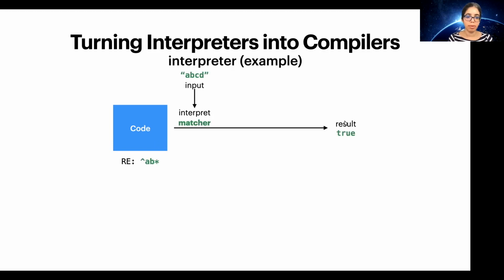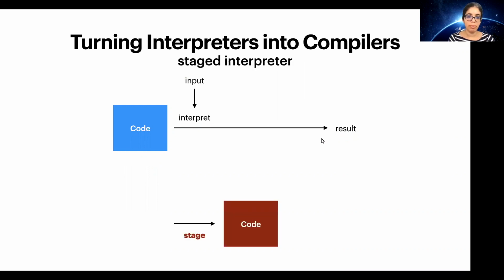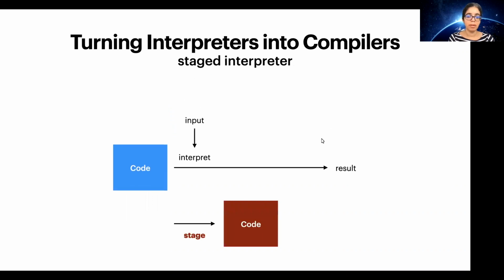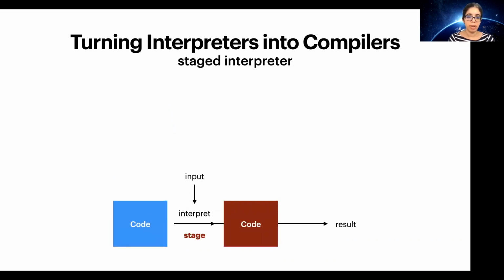So for example, the code could be a regular expression, the input could be a string, and the interpreter could be a matcher that decides whether the input string matches the regular expression, and we get a result. Now, if we put these two things together, we get a staged interpreter. And what happens is that in the first stage, we leave the additional input symbolic.